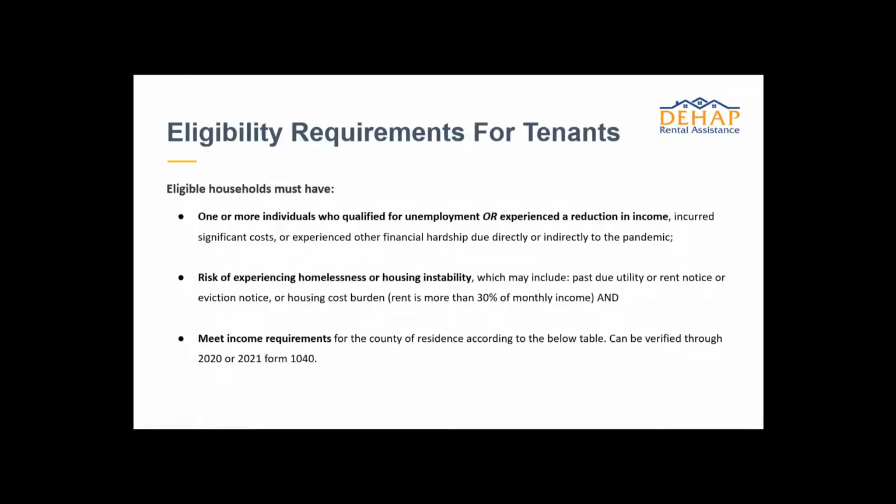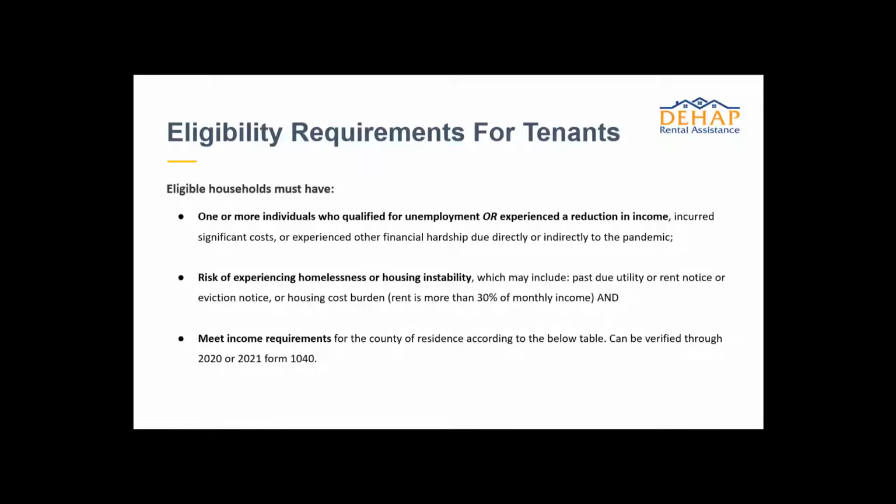So the eligibility requirements for the tenant: the eligible households must have qualified for unemployment. And then there's been a couple iterations of this program. In the very first one, we required that the tenant have applied for unemployment and been approved for unemployment. We've since moved from there, so those requirements have somewhat changed.